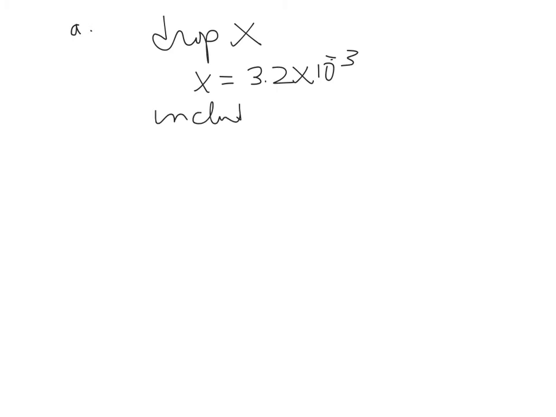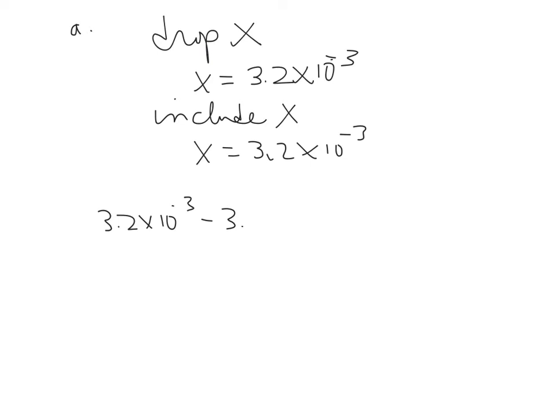So for part A, drop x, we got x is equal to 3.2 times 10 to the minus 3. And if we included x, or didn't drop it, we got this exact same answer, 3.2 times 10 to the minus 3. So the difference between them is 0.